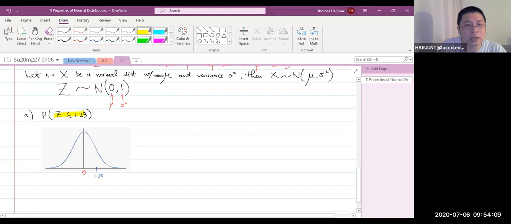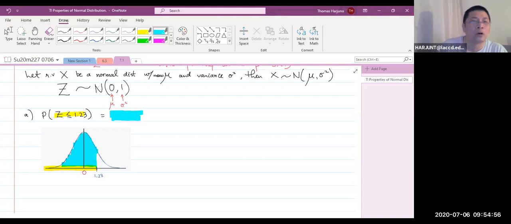The event Z less than or equal to 1.23 refers to this interval, from negative infinity up to 1.23. The probability of this event is equal to the area under the curve on that interval. The area under this curve in total is 1, and of course the area here will be less than 1.